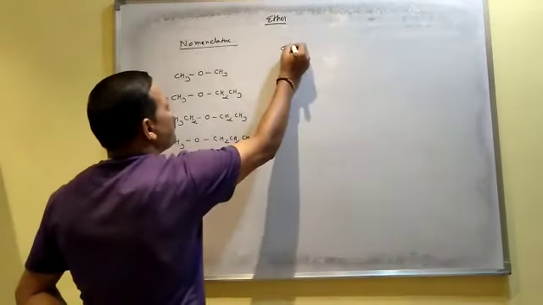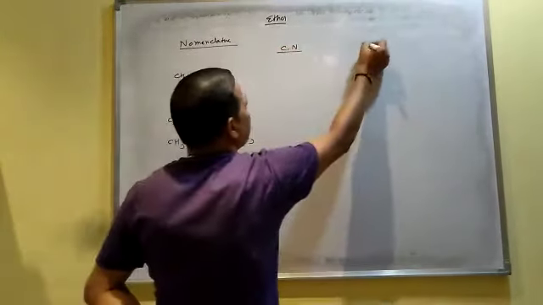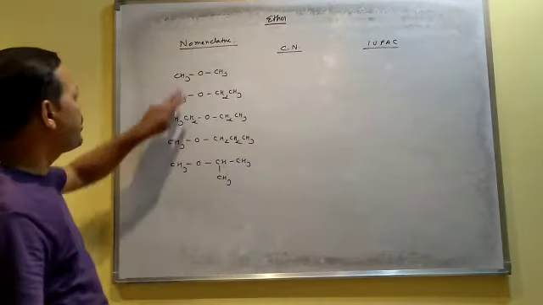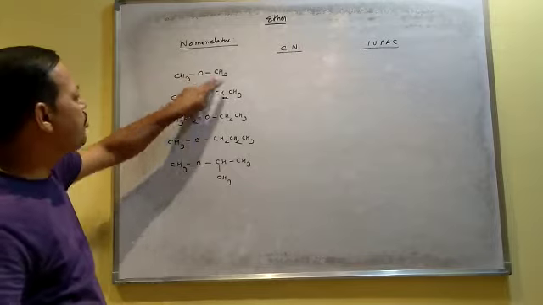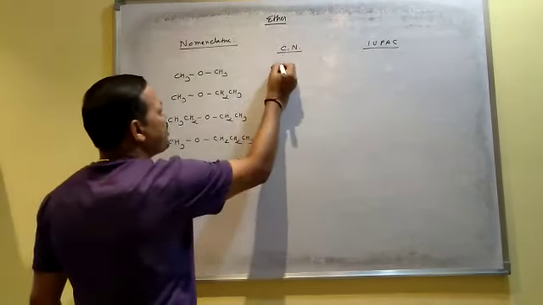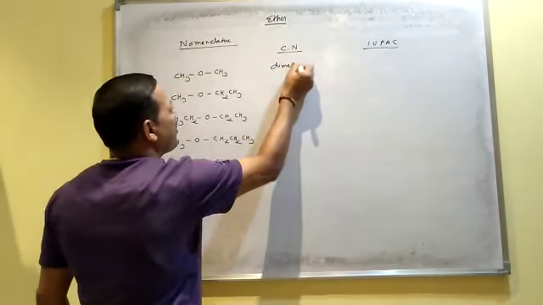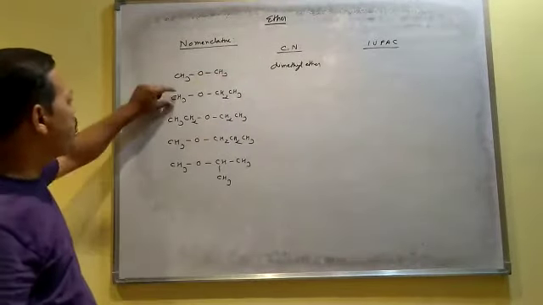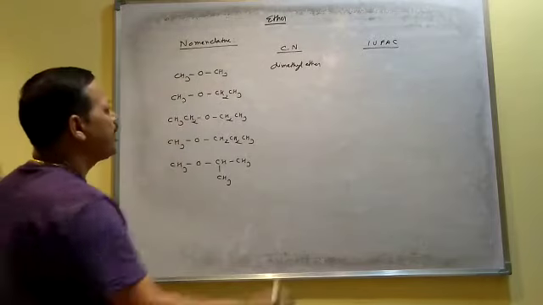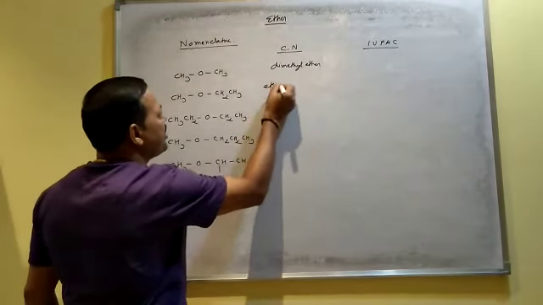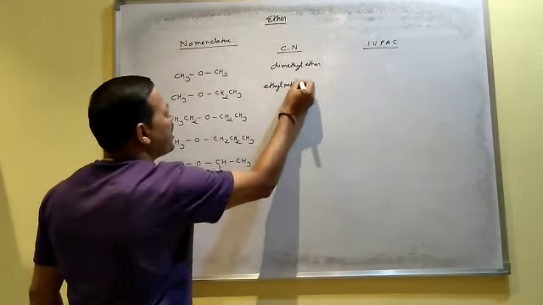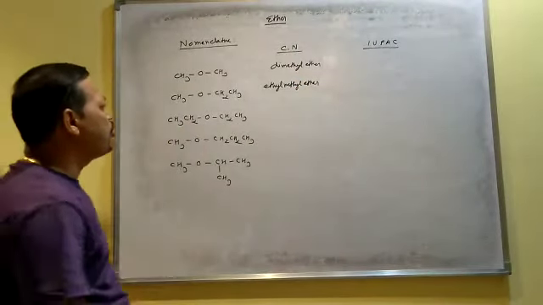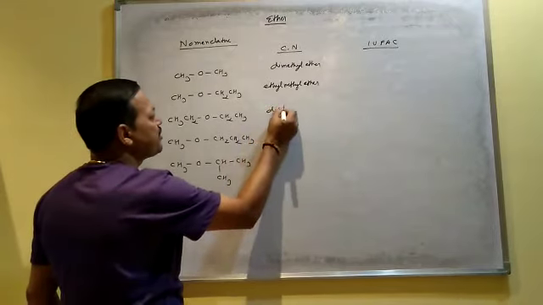Common name, IUPAC name. Here both sides contain a methyl group, and that's why it is called dimethyl ether commonly. Here one side methyl, one side ethyl, and that's why it is called ethyl methyl ether. Here both sides ethyl group, that's why it is called diethyl ether.